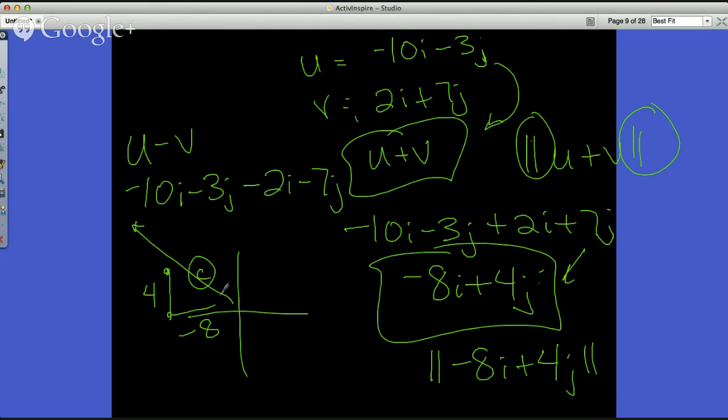So if I go left 8 and then up 4, you have to have some fun on this thing. If I go left 8 and up 4 now, I'm at the right spot. And what I do to solve for my magnitude is I find C. Or you just think Pythagorean theorem. If you could jump to that conclusion without showing this work, that's okay. So what we have now, you tell me, what would I do to set it up?